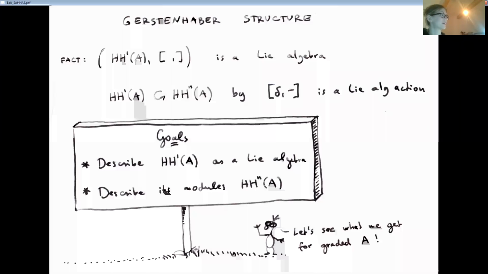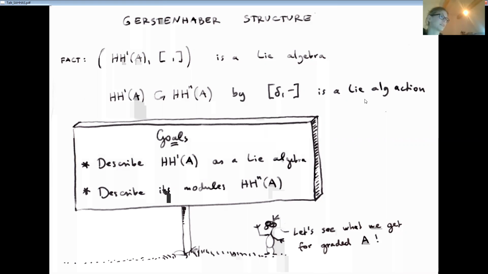Now, Gerstenhaber structure is hard to compute, but the nice thing is that first Hochschild cohomology is preserved under the Gerstenhaber bracket and is a Lie algebra, and so one can consider the action of first Hochschild cohomology on all other cohomological degrees just by the commutator action with respect to the Gerstenhaber bracket.